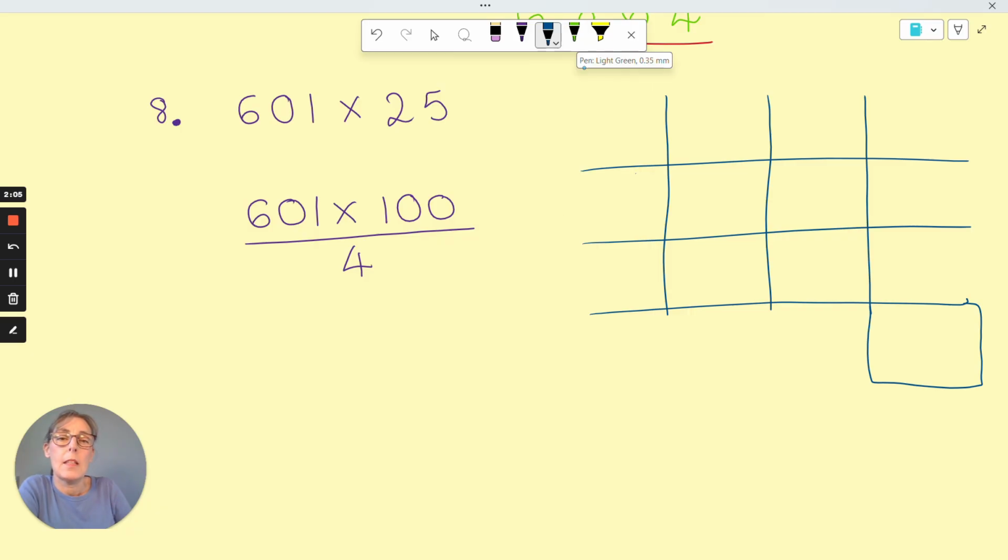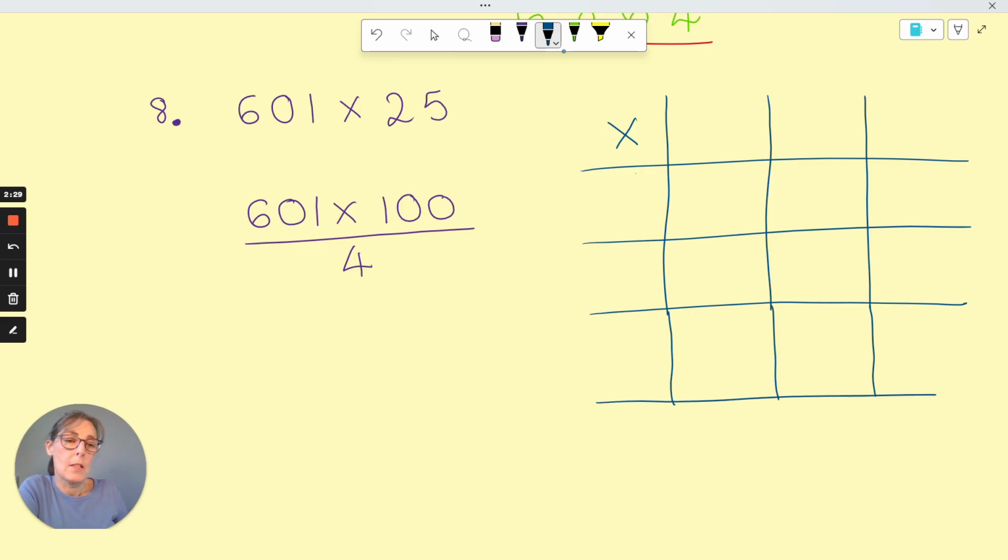Right, if I set this up then, so we've got, oh, hang on a minute. What did I do wrong there? I can't do that because we've got a 3-digit number. So I have to add another section here. And this is the reason why long multiplication is actually better, because when you do grid method with 3-digit numbers involved, the grid gets, you can imagine it gets really, really big.